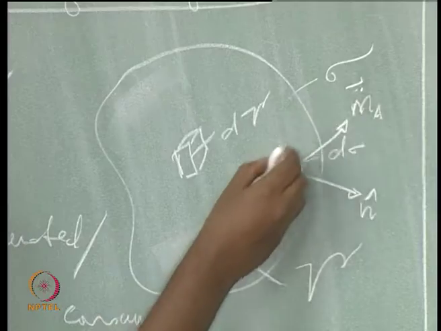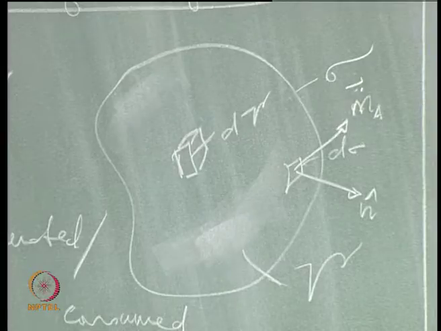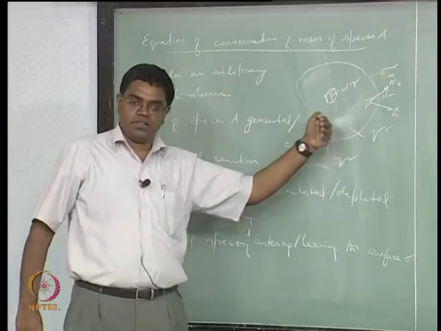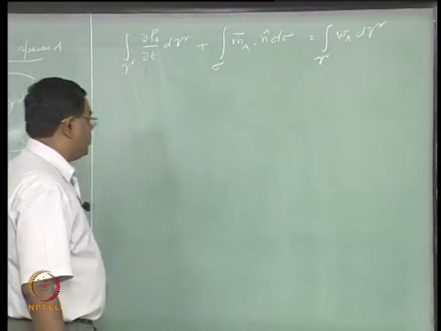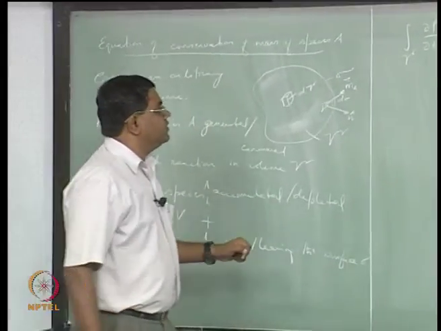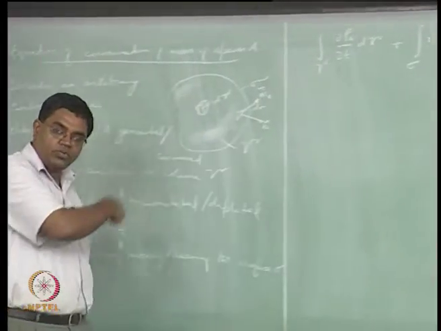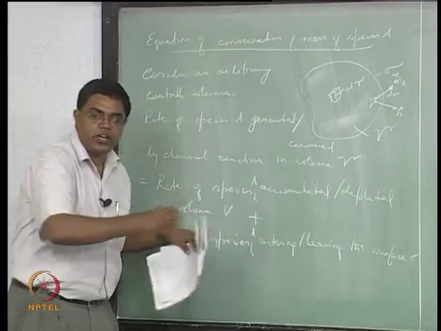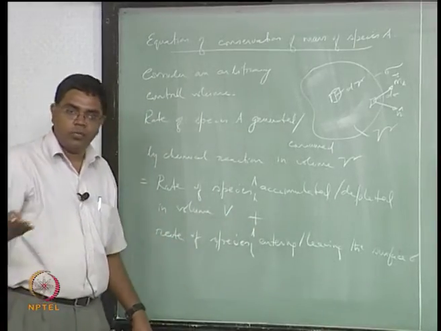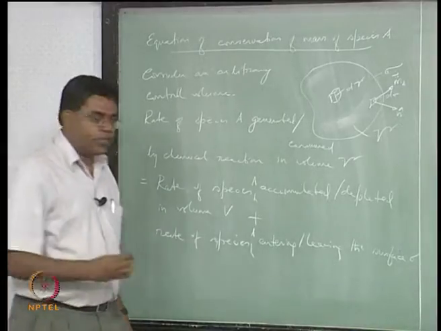This is the mass flux that's going at an angle. So if you want to look at the projected mass flux that's coming out, that should be the dot product there. The dot product will take care, when you integrate over the entire surface, of whether it's going to leave or enter. The dot product could be negative or positive depending upon whether it's entering or leaving.